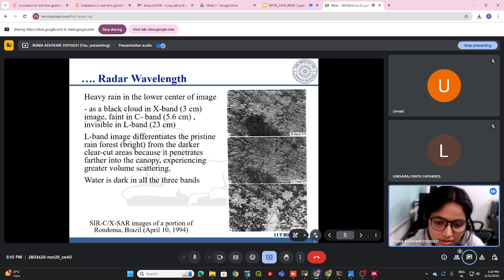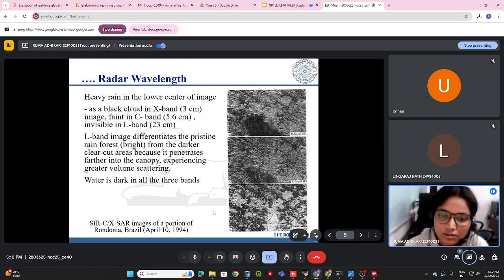Here in the L band we can see so many detailed features, and differentiate between many land targets. That is how the wavelength is so important, and it changes the same image in different wavelengths.